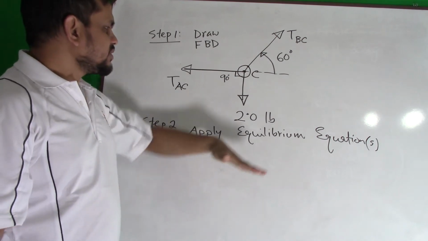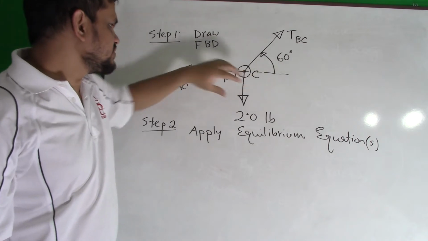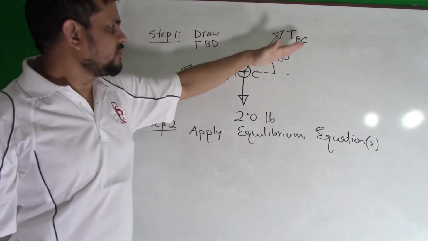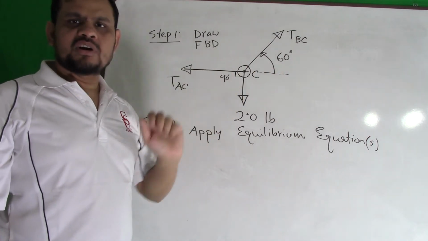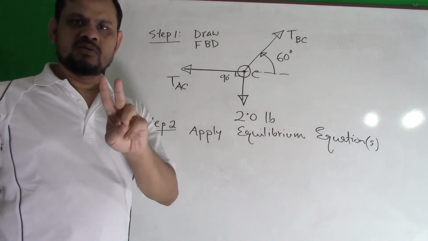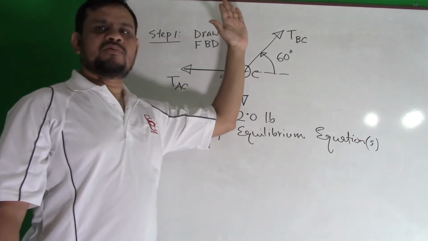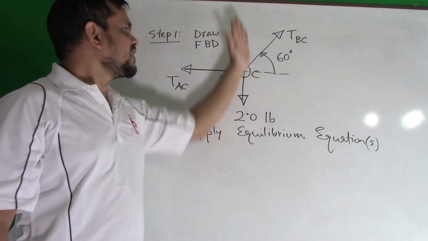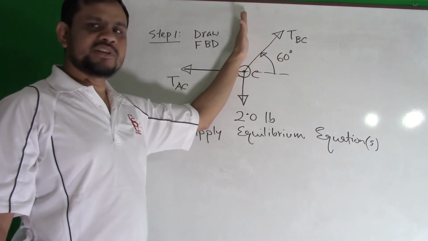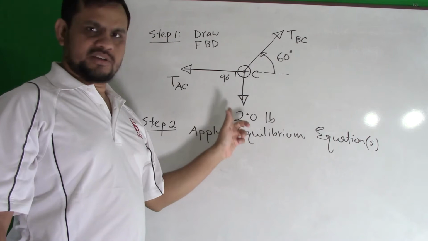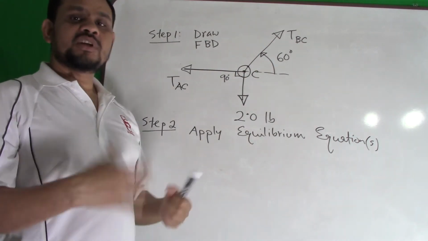If I apply summation of Fx is 0, what are my forces this way? One force, and another force has a component this way. So 2 forces along this way, and I should not go that way because there are 2 unknowns and I cannot solve at the beginning. If I apply summation of Fy, how many forces this way? The component of this force and this force. This is known, this is unknown. Done, only one unknown. That is the matter.